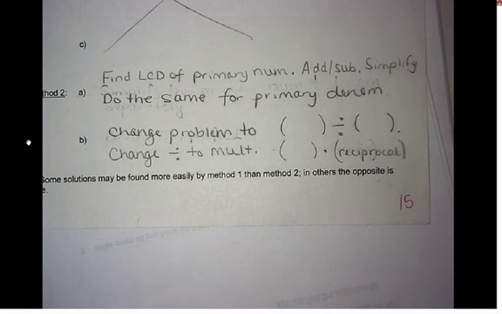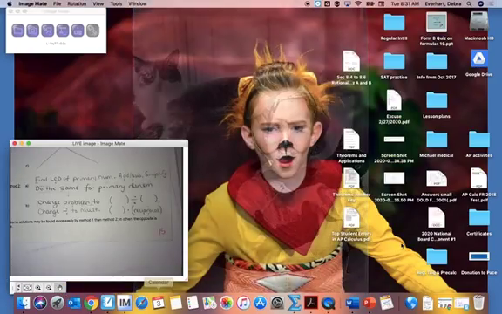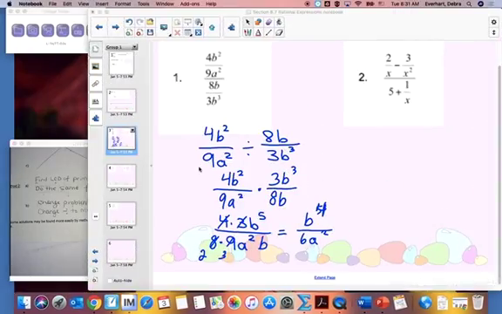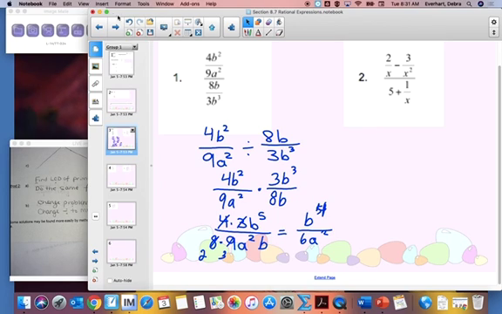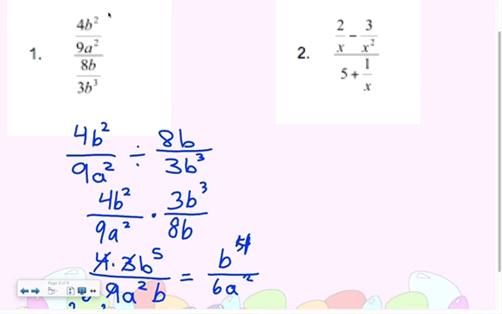Okay, any questions? We all right there? So let's go back to example 2 and let's try to do those steps. What do we want to do in that primary numerator?